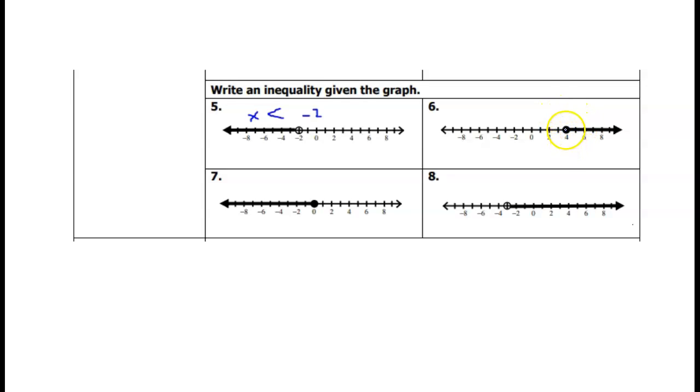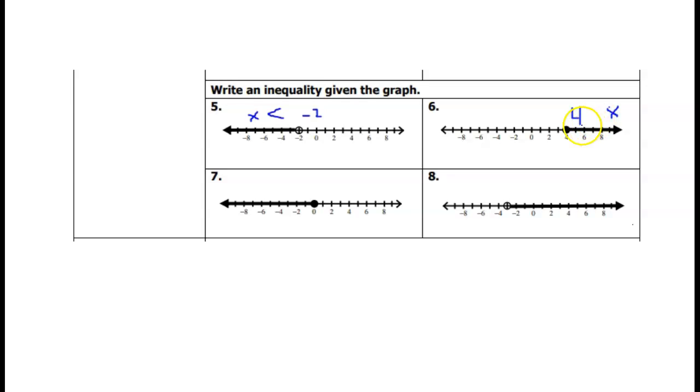If I look at these and go backwards, I'm going to look at the point that it starts at. On this next one, number 6, it starts at 4. The shaded values are all of x, and x is greater than all of those values.